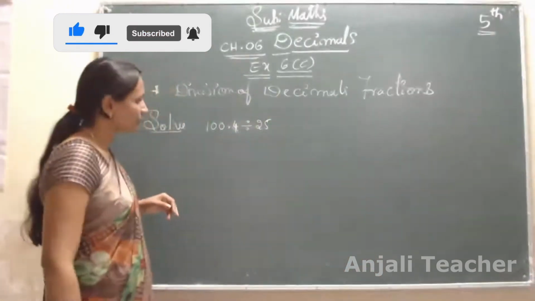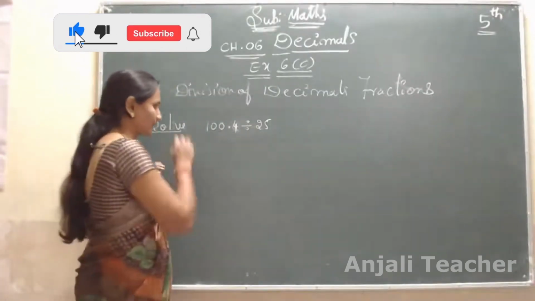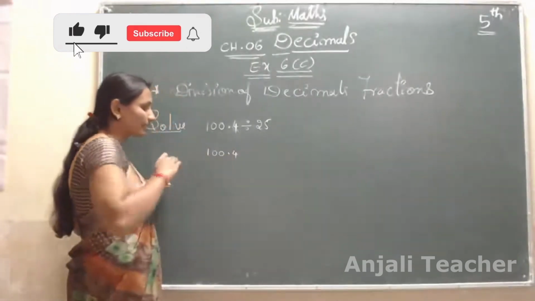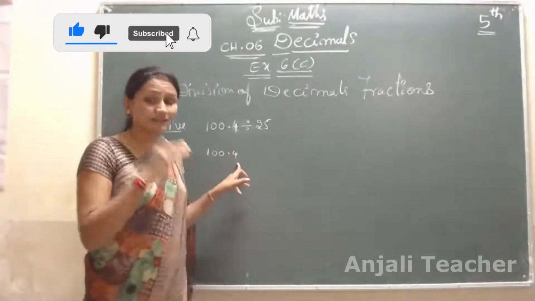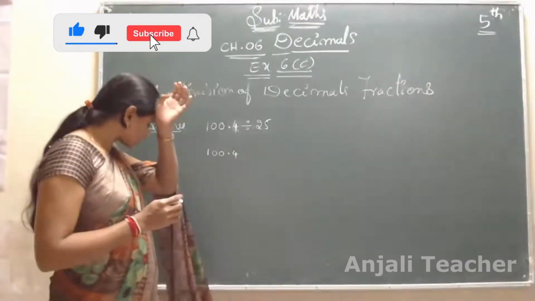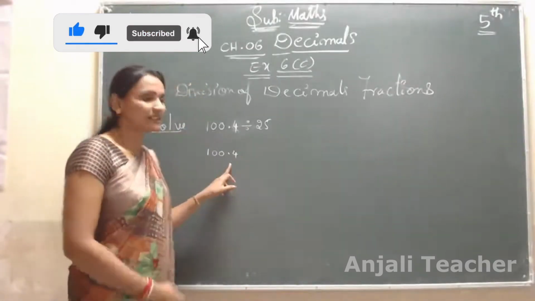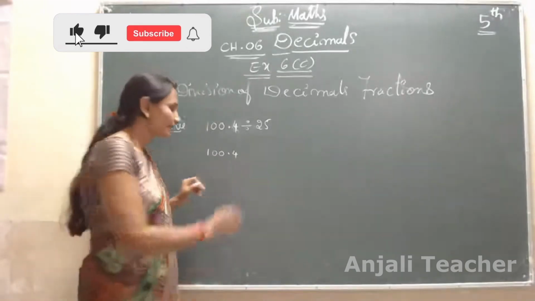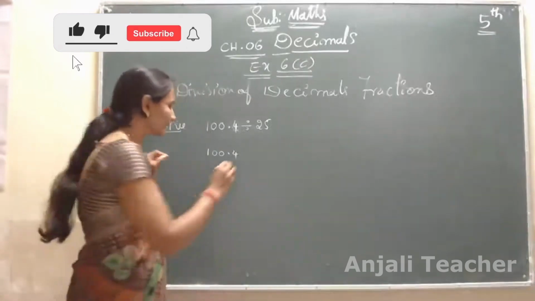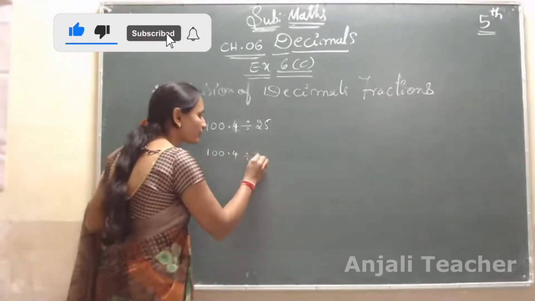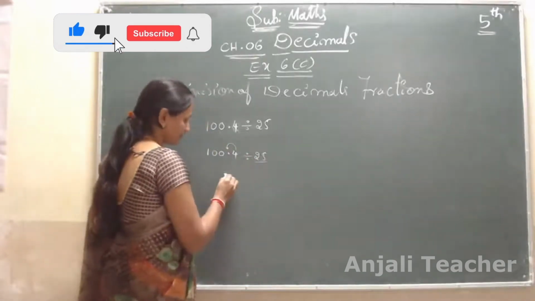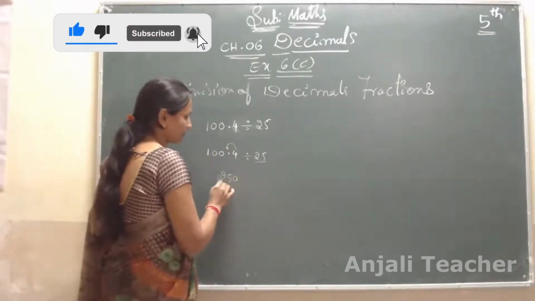So how to divide by 25? Can you observe this? 100.4. Students, you have to observe. I already told you: how many numbers are there after the point? Can you see? Yes, one number after the point. So you have to divide. For 25, since there is one number after the point, you take 250.